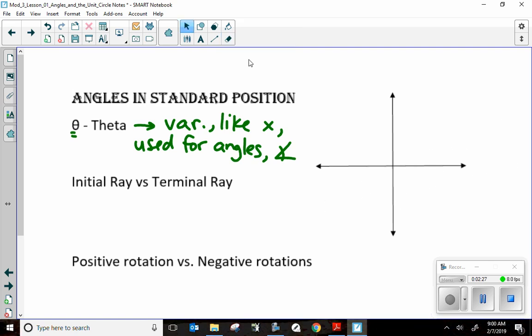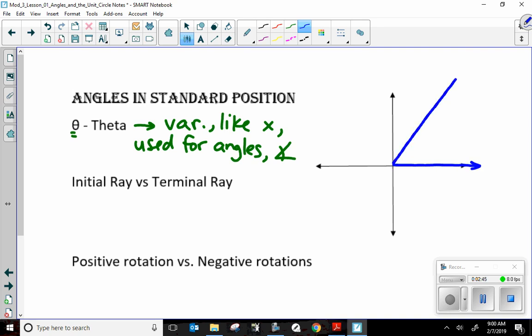Now, we have these two terms next, initial ray versus terminal ray. If I am going to draw an angle on an axis here, okay, I always start right here on this axis. And then maybe my angle goes up like this, okay? This is my angle. I don't know what it is, so I'm just going to call it theta.